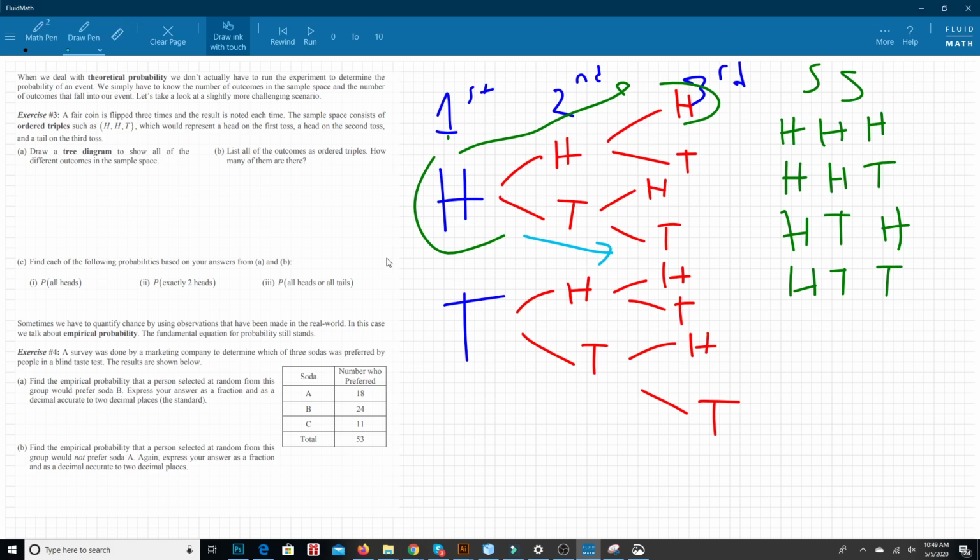Right, so the next one would be tails, heads, heads. I don't know if you guys see it there. The thing is, if I actually draw a line through it, it'll erase it.